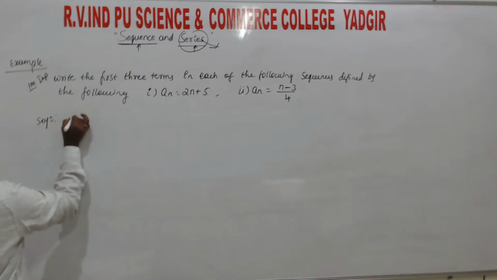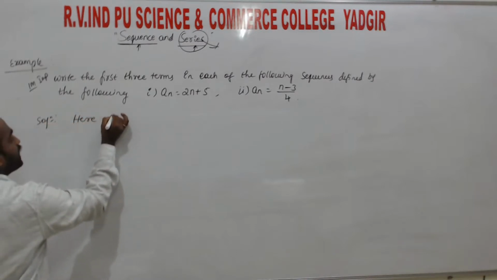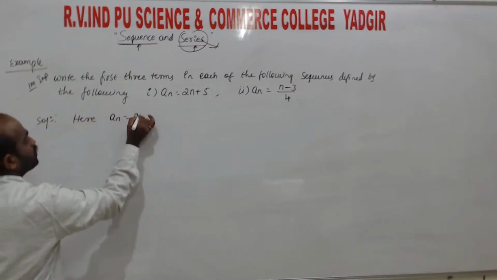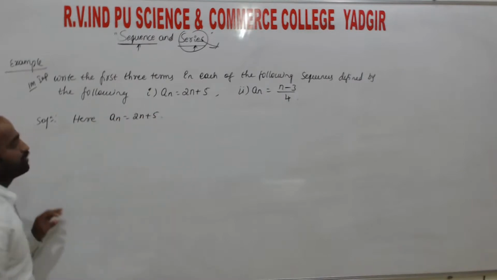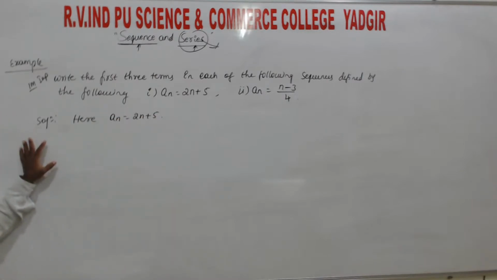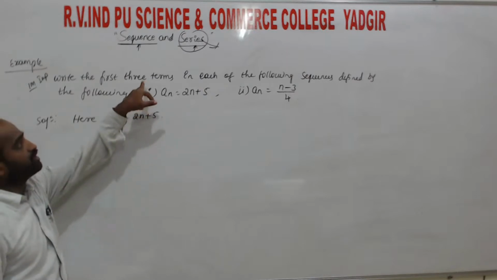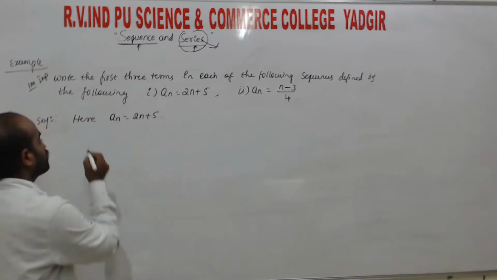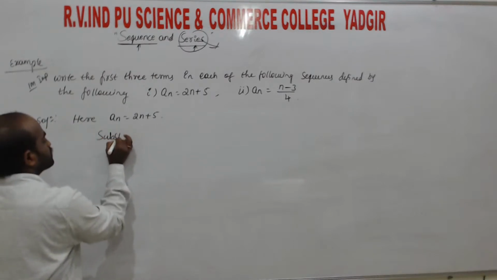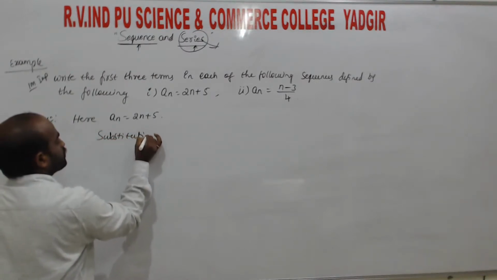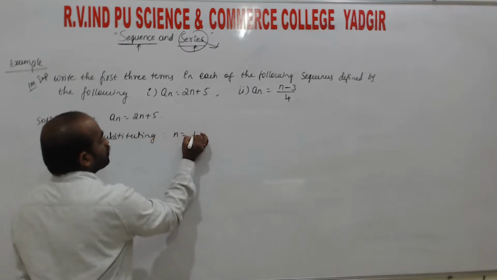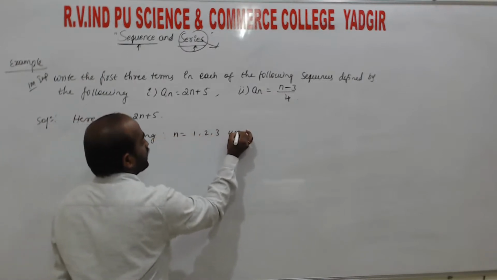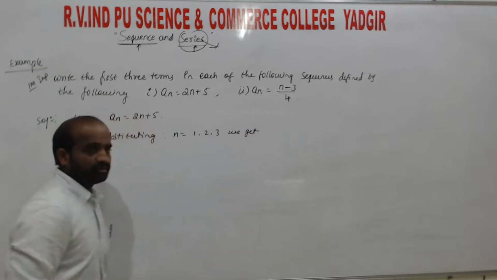Solution. Here a_n is equal to 2n plus 5. Now substituting what? For the first 3 terms, substituting n equal to 1, 2, 3, we get the first 3 terms.